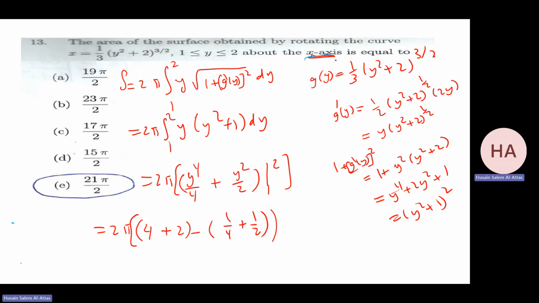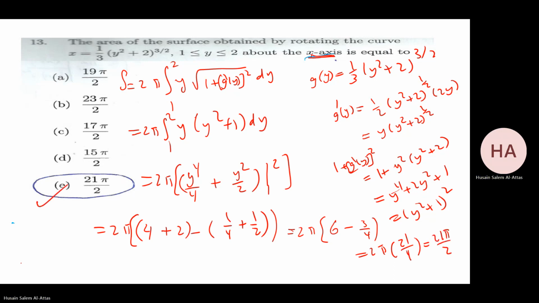Okay, 16 over 4 is 4, plus 2, minus 1 over 4 plus half. It's plus, yeah. So that gives me 2 pi times what? 6 minus 3 over 4. And that will be 2 pi times 21 over 4, that is 21 pi over 2.